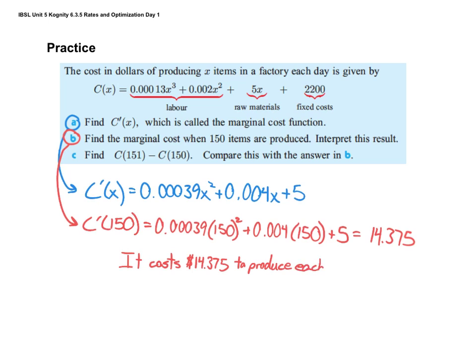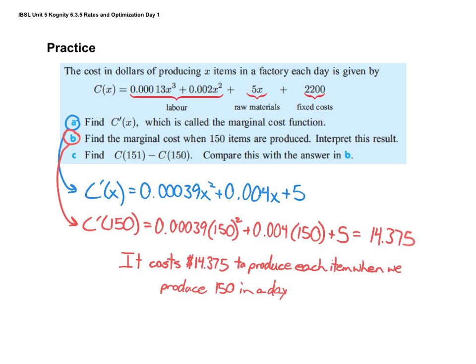To produce each item when we produce 150 in a day. That's what that number is telling us. If we were producing 160, it would be a little bit different. That's why we have this function.